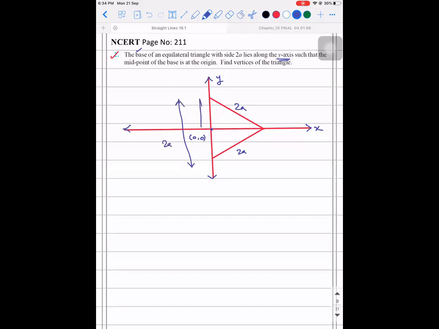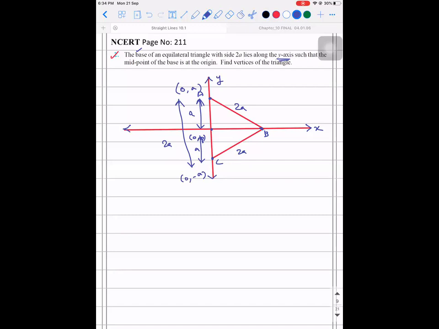Since the origin is the midpoint, this will be a and this will be a. Accepted? So what will be the coordinates of points A, B, and C? A is (0, a), and this is (0, minus a).